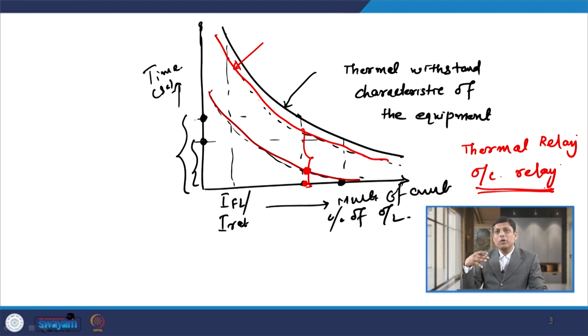Whenever any overloading occurs on the equipment, in 90% of cases it is transient in nature. So, this type of overloading dies out after certain seconds or minutes, and if the equipment is capable of taking care of that percentage of overload, then there is no hurry to trip the equipment utilizing the overcurrent relay which operates in a fraction of a second or milliseconds.